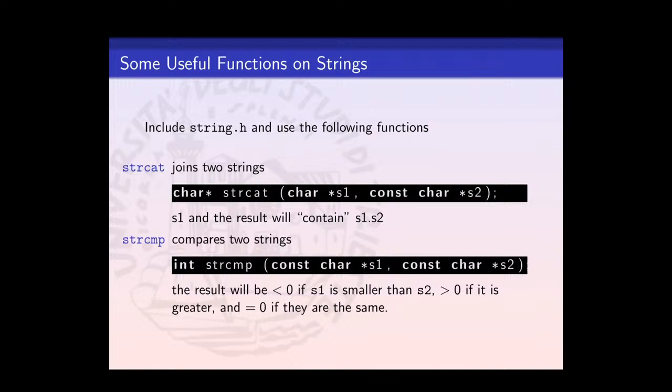Okay, so it could be the case if you have two arrays of characters that are not equal, because something is different after a string terminator, okay? But the string compare function still returns 0, because up to the string terminator they are totally equivalent.